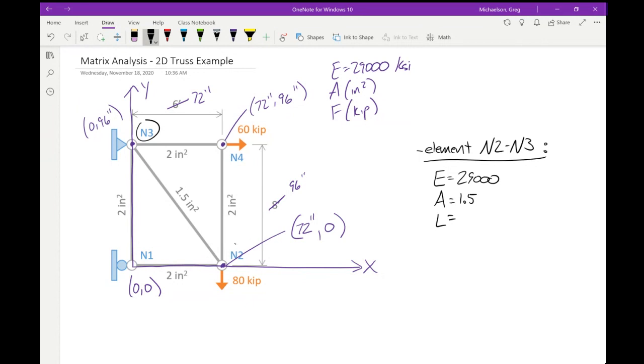This is N3. This is N2. I'm talking about that member. Like, how long is it?